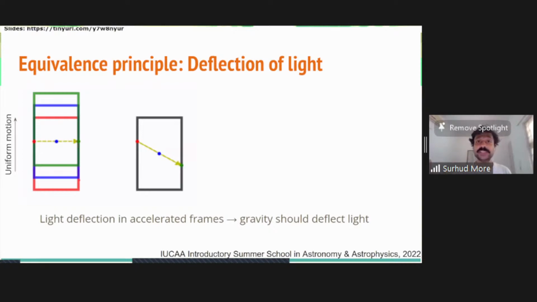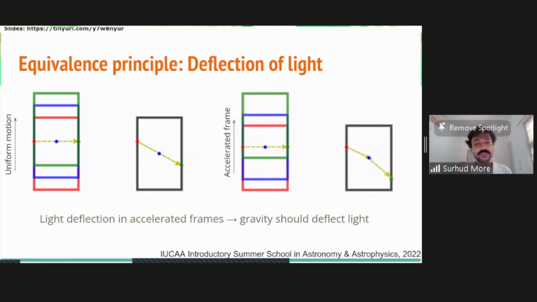But for a person who is inside that lift, when the lift has gone to this blue position, the light ray will be at this blue position, and when the lift has gone to the green position, the light ray will be here. Right. So, with respect to an observer who is inside the lift, that person will see the light ray moving like this, right? So in an inclined manner, but nevertheless in a straight line.